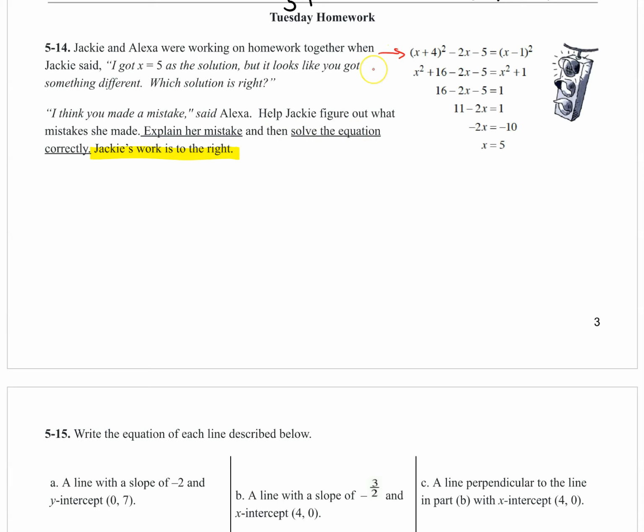So let's see, we started with this. Jackie decided to square each term, so that's x squared plus 4 squared is 16 minus 2x minus 5, and then that's x squared minus 1 squared, so that's x squared, and then I think negative 1 squared is positive, so plus 1, and that's a mistake.